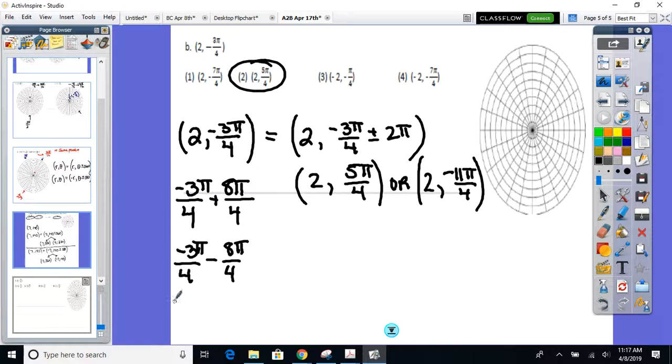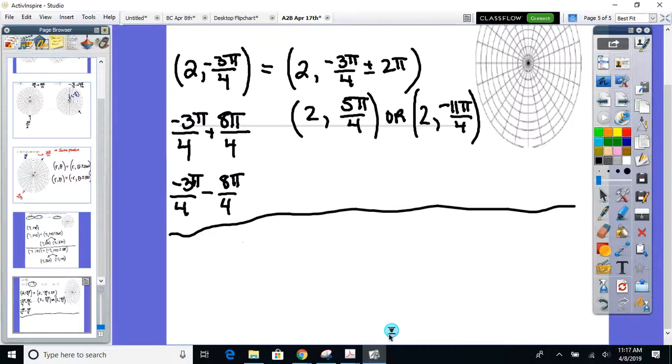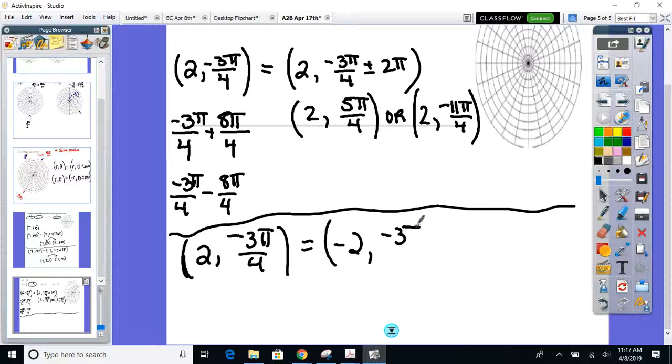Okay, now I got to change the 2 into a negative 2, but now what am I going to do with the angle? So now change it into a negative 2, but do what with negative 3 pi over 4? Add and subtract what now? Pi, 180.